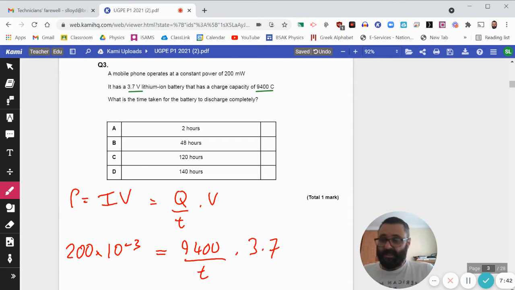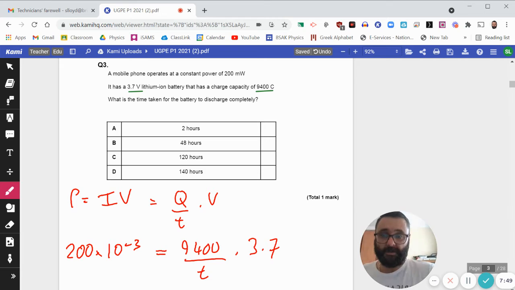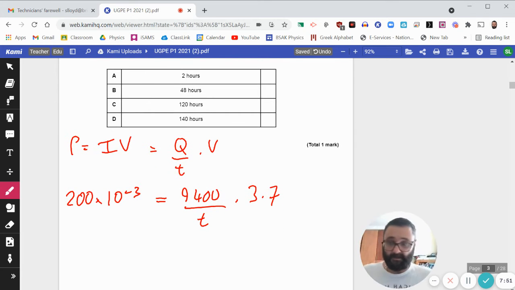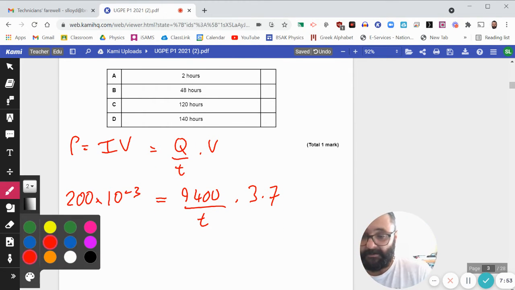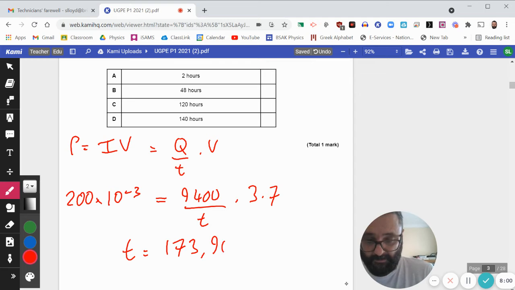Okay, rearranging that gives a time of 173,900 seconds. But we want it in hours, so we just divide by 60 and then divide by 60 again. It comes out as 48.3 hours. So your correct answer is B.